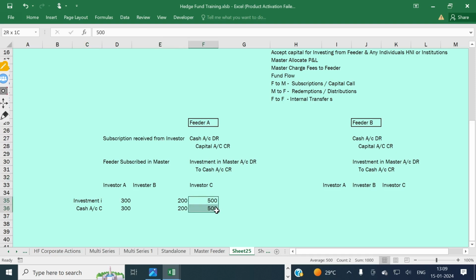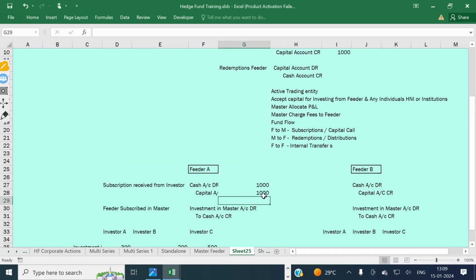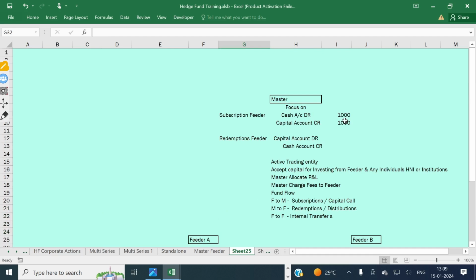All right. So total, if you just calculate cash, 1,000. So let's say feeder received 1,000 as capital, and then again that feeder invests 500 out of 1,000 in master. All right.